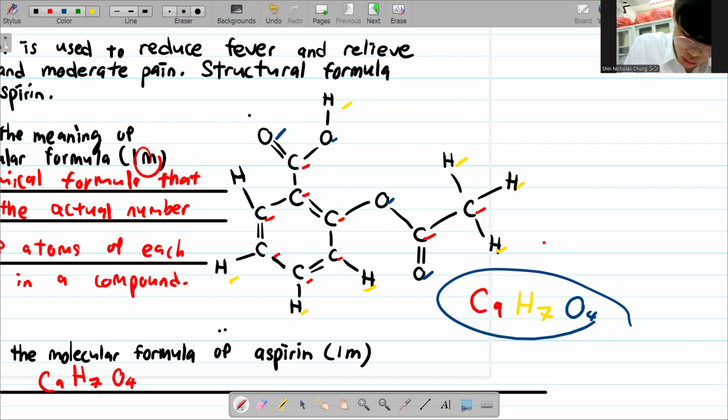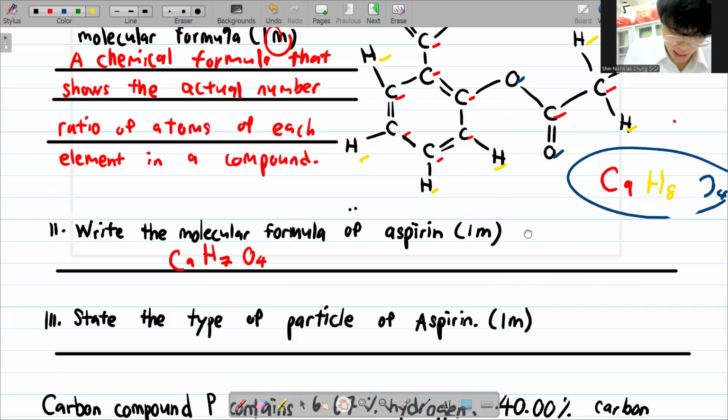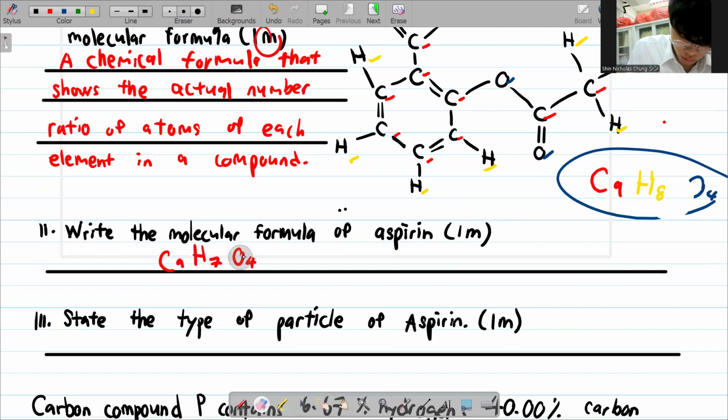This structural formula, you don't have to remember it. In the exam, they'll give it to you. They might not give aspirin, they might give you other chemicals. But in this case, we actually have 8 hydrogen. We have 8 hydrogen and 4 oxygen.